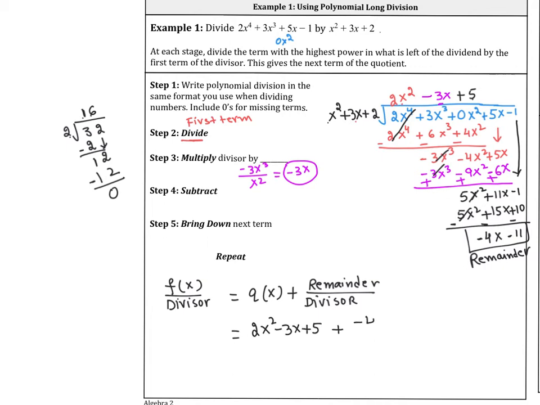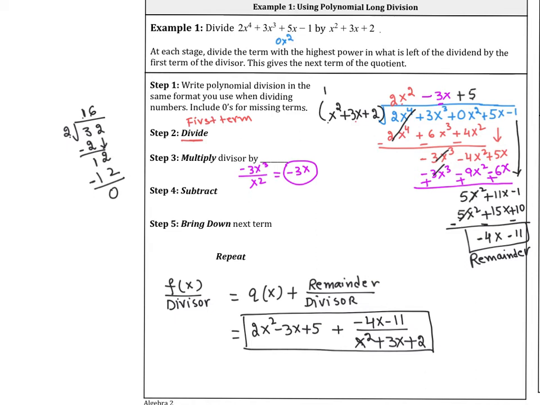Remainder is negative 4x minus 11 divided by divisor, that is x squared plus 3x plus 2. So that's going to be your answer. Again, so this one is going to be your divisor, and this one is quotient, and then the inside one is dividend. Now you're going to pause the video and try number 1 and 2, and then we'll go over together.